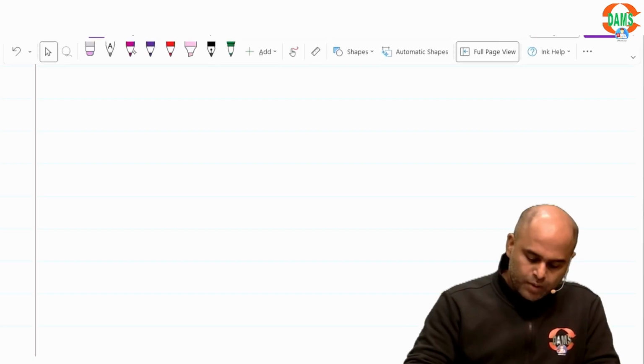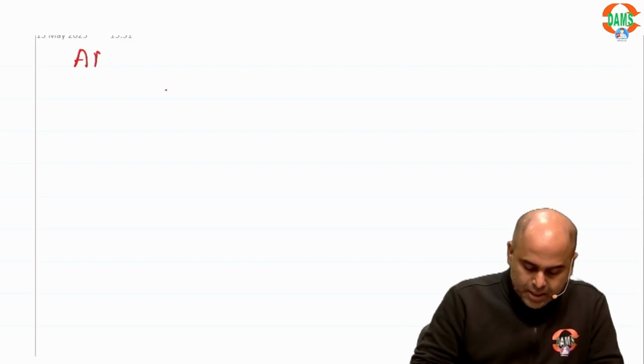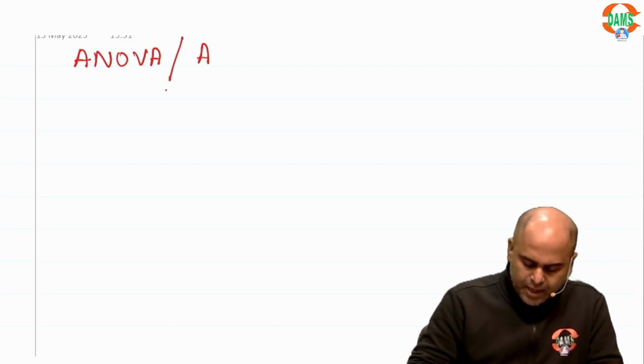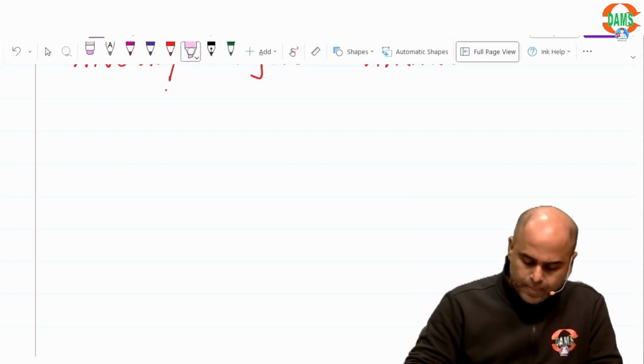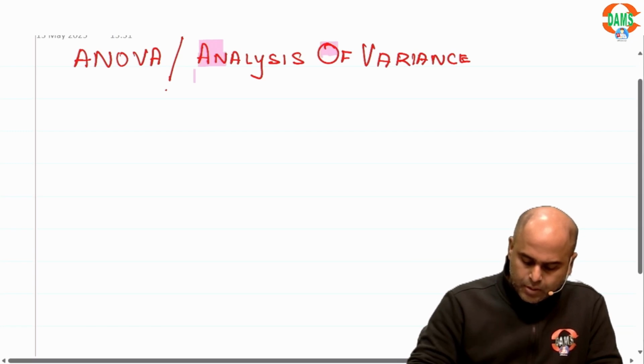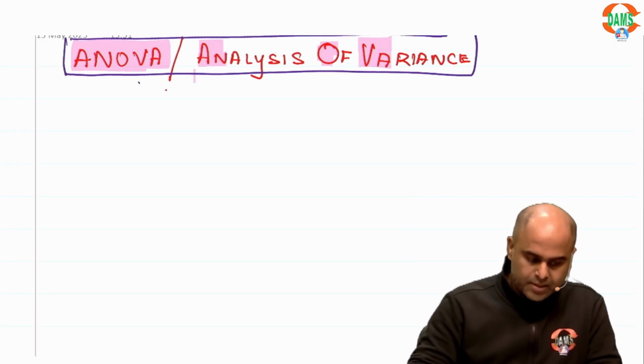Now we will look into a very important statistical test called ANOVA. ANOVA refers to analysis of variance.